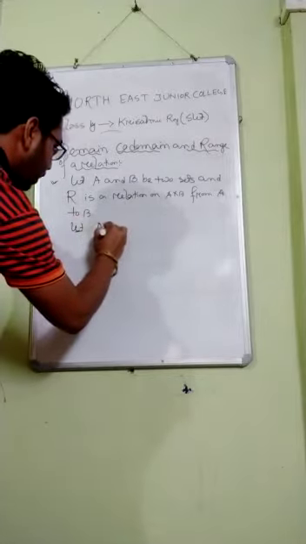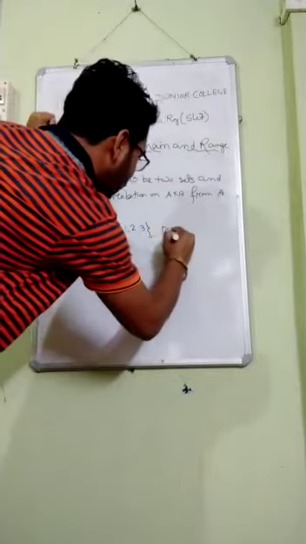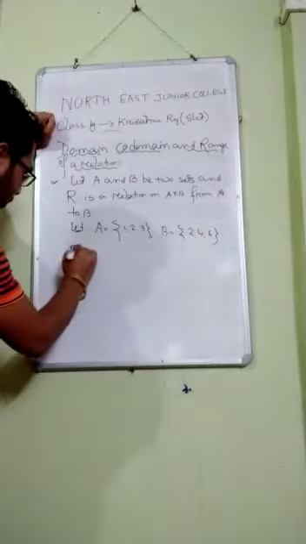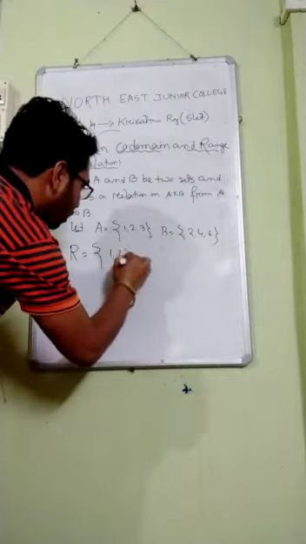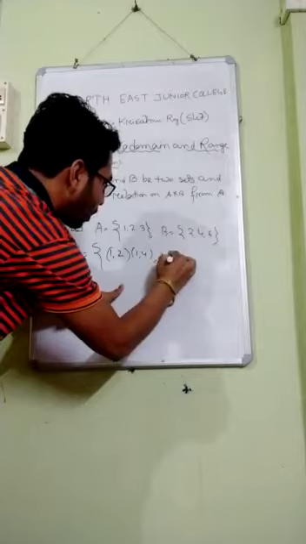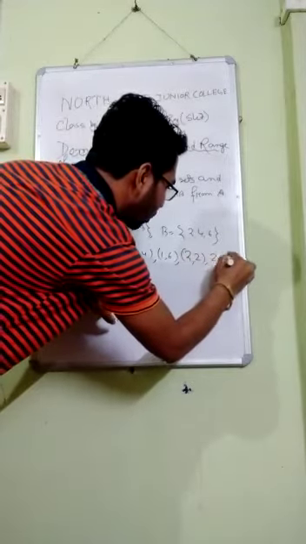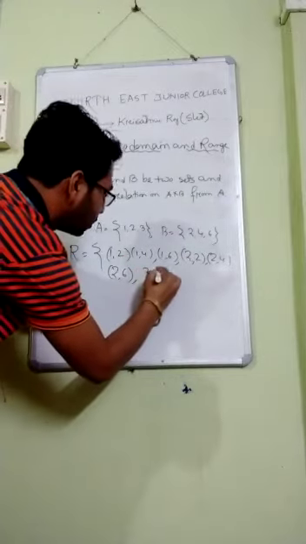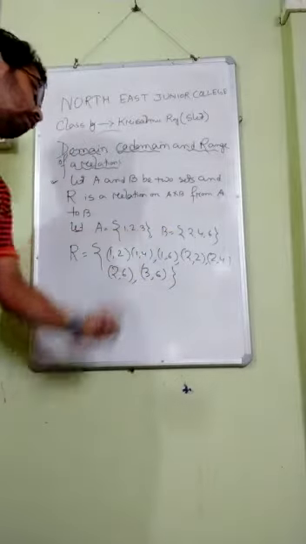Let A equal to {1, 2, 3}, B equal to {2, 4, 6}, same as the previous example. Here also (1,2), meaning x divides y, (1,4), (1,6), (2,2), (2,4), (2,6), (3,6). x divides y; 3 cannot divide 2, and 3 cannot divide 4 properly.